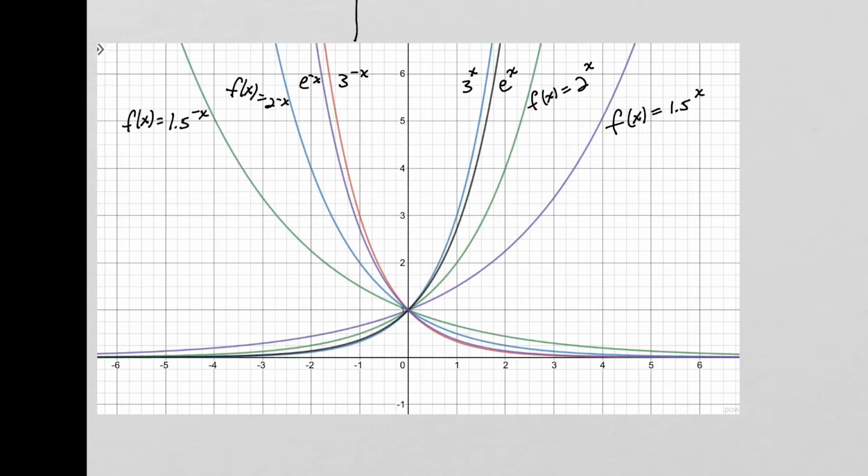So notice what's going on here. The larger b is, the steeper the graph. So it's going to grow faster or decay faster.